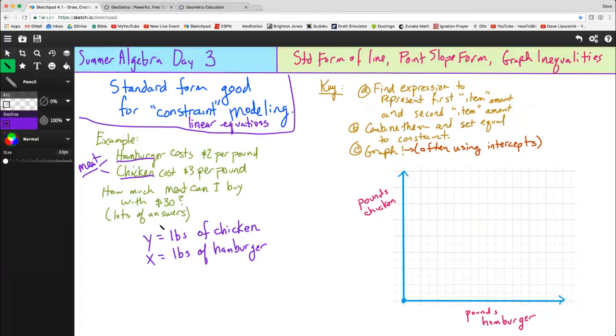Now, what is the cost of my chicken if I have y pounds?